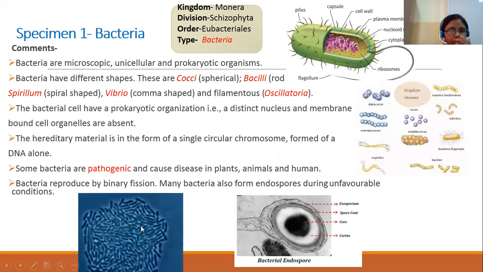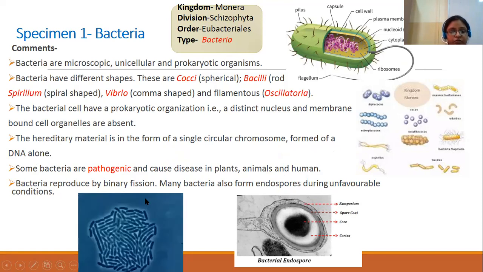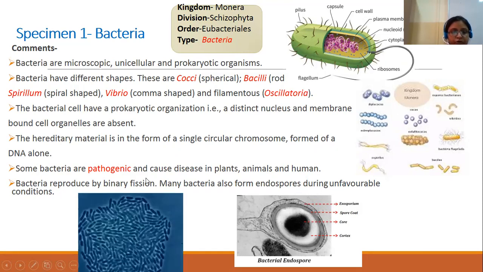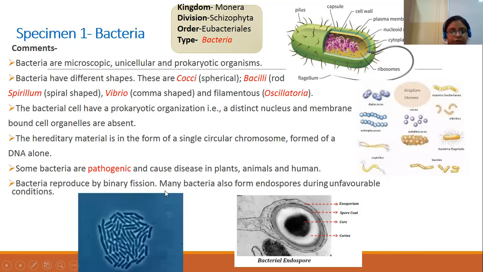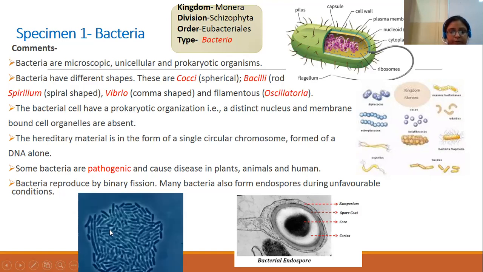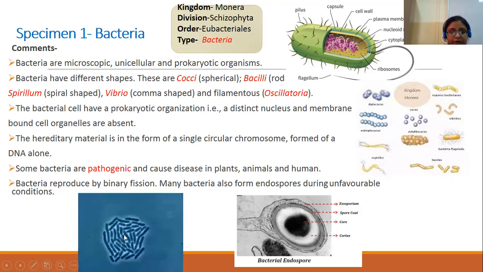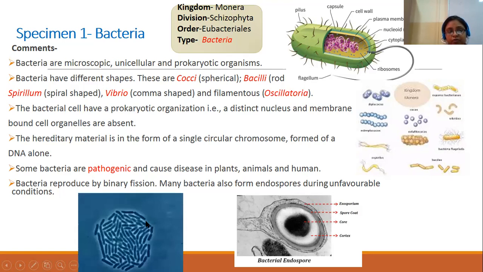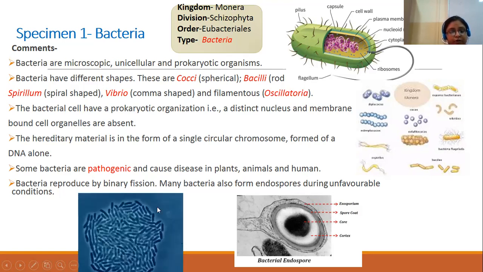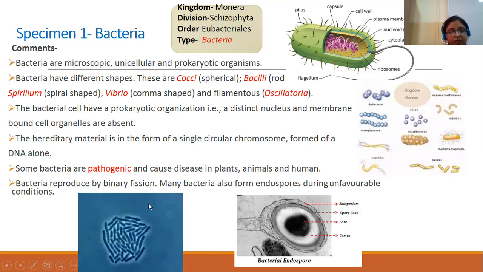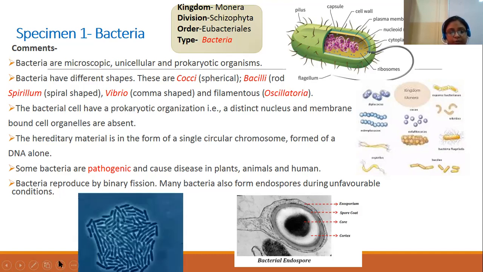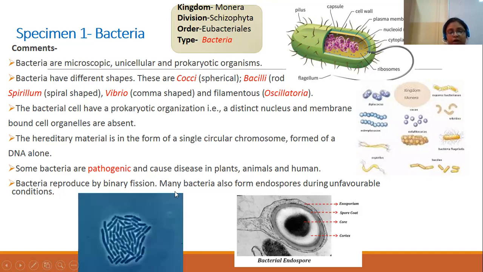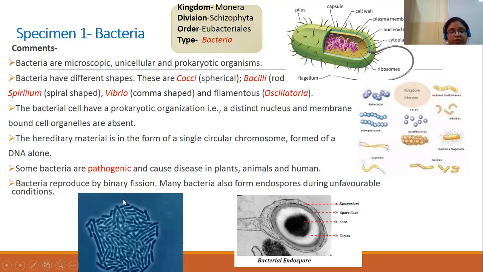They are multiplying at a tremendous rate by this process which is called binary fission. They simply reproduce, they simply multiply, they simply divide. The parent cell simply divides into two, and these two daughter cells then finally develop into two daughter bacteria. Fine. And in a fraction of seconds, hundreds, thousands of bacteria are produced. Fine. And all this happens under favorable conditions.